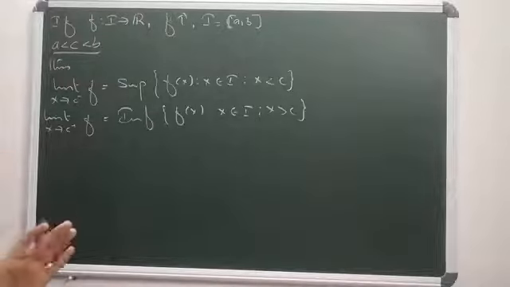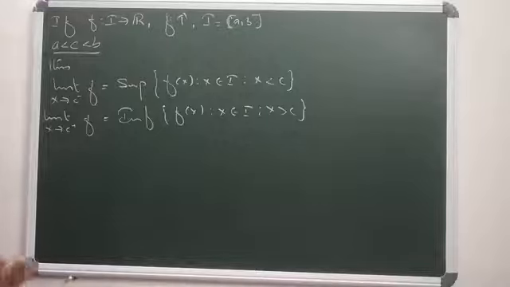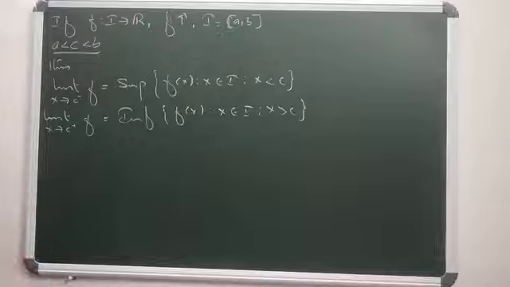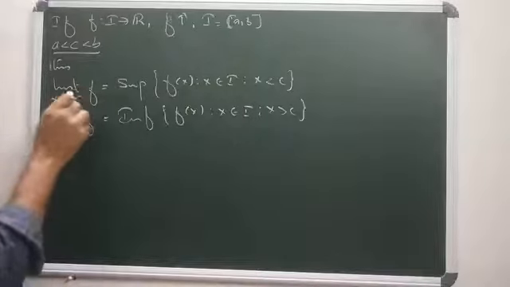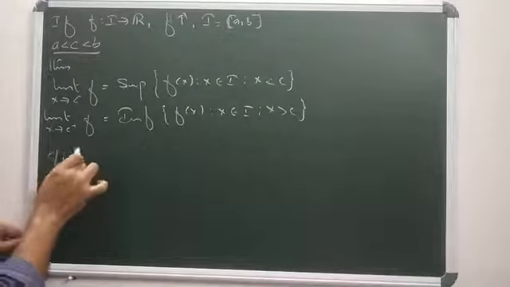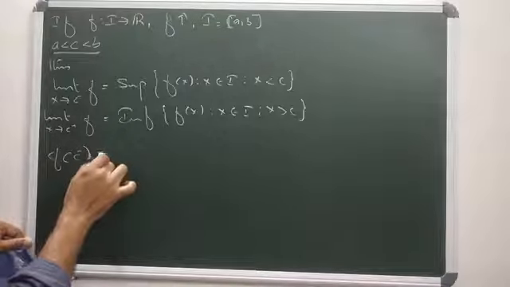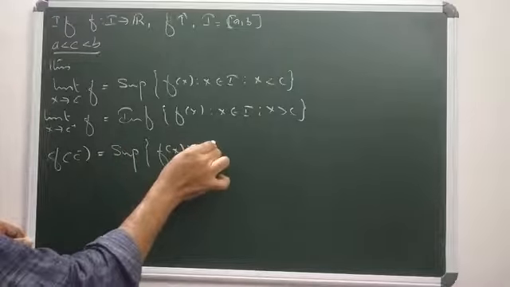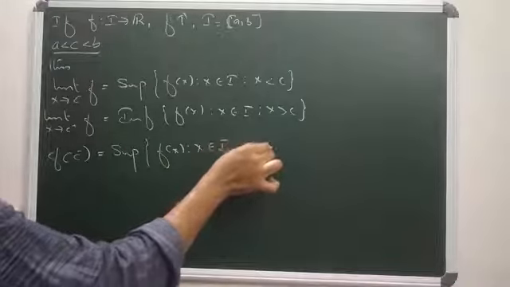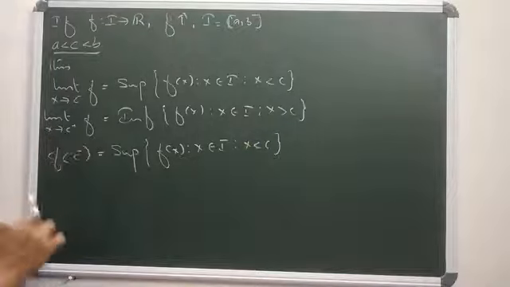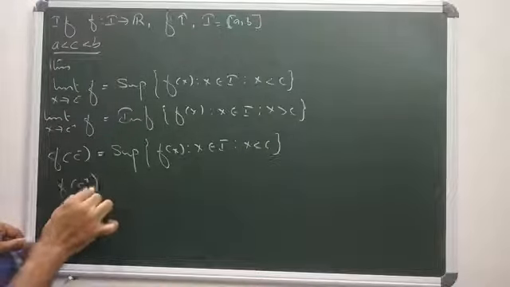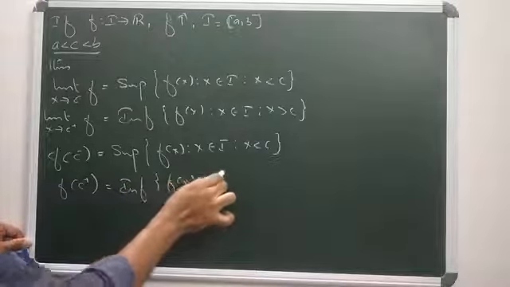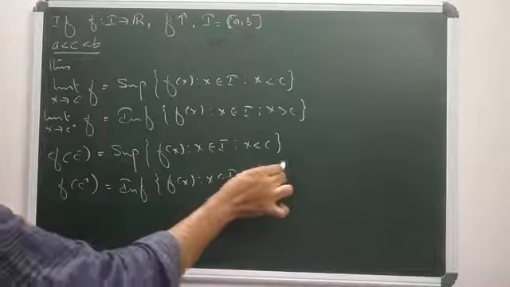That is, when f is an increasing function and I is an interval, and c is not an endpoint of that interval, then the limit as x tends to c− of f is f(c−), which is nothing but the supremum of f(x) for all x belonging to I with x < c. And the limit as x tends to c+ of f, that is f(c+), is the infimum of f(x) for all x belonging to I with x > c.